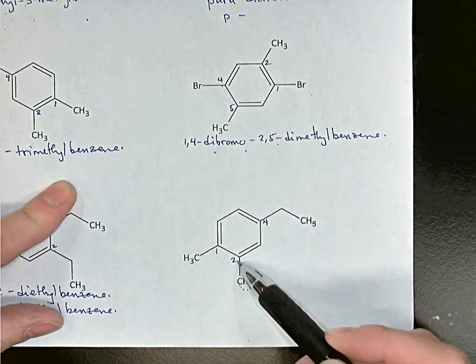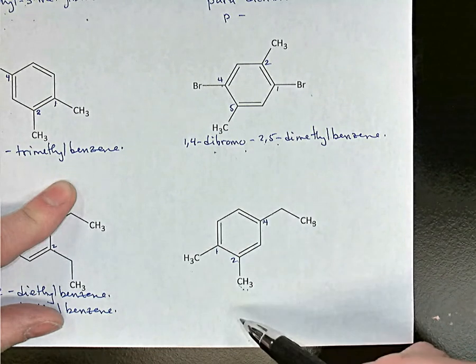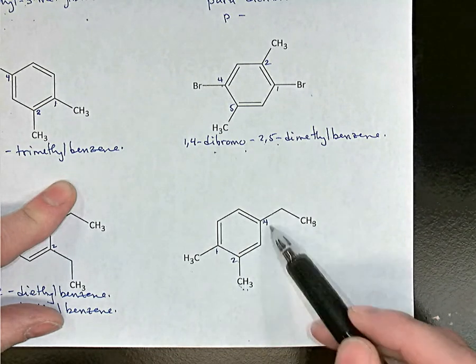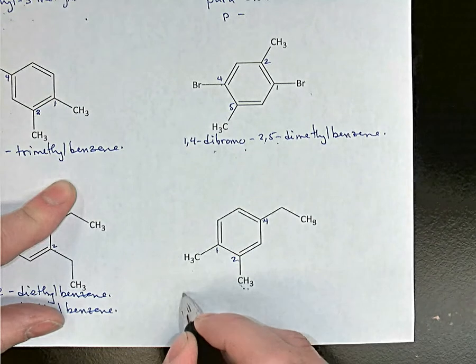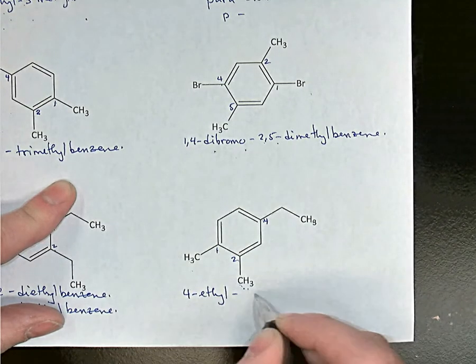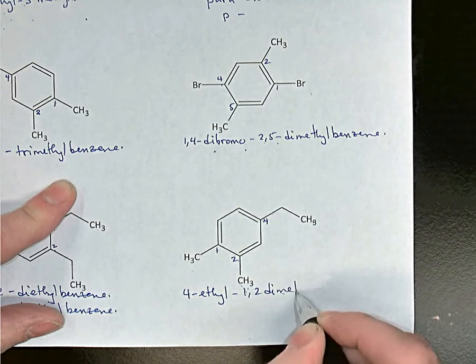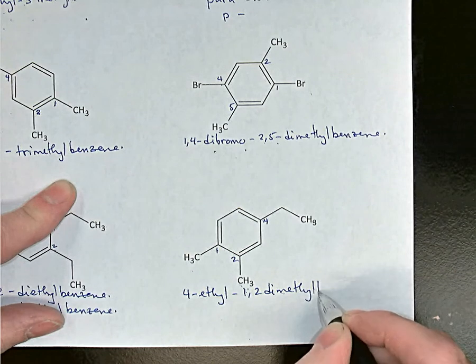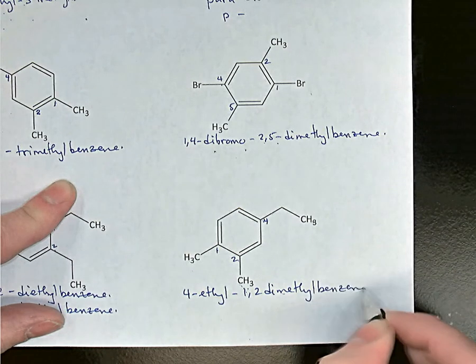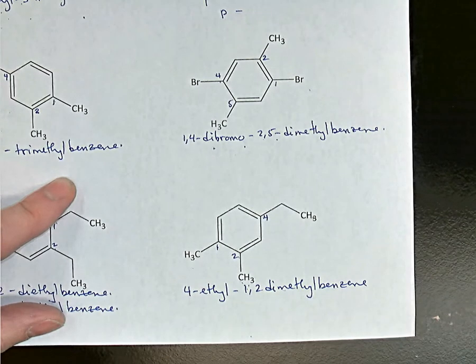Carbon 1, 3, 4 would be a bigger numbering system than 1, 2, 4. So this will become 4-ethyl. You name the ethyl first, and then 1,2-dimethylbenzene. And because it's got more than 2 branches, we can't use that ortho, meta, para system.